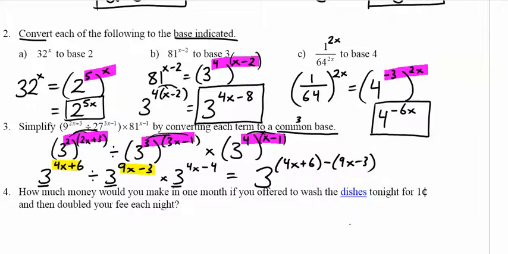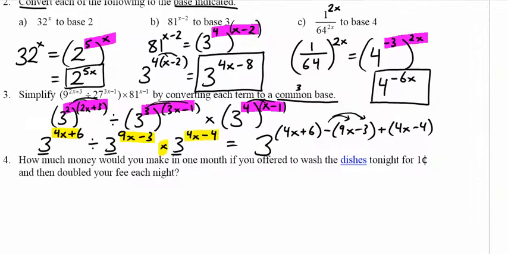And I can take my exponents that are being multiplied, the powers that are multiplied, and I can add their exponents. And that turns the expression into a much, much simpler expression with one base. So I could put that negative sign into the second bracket.